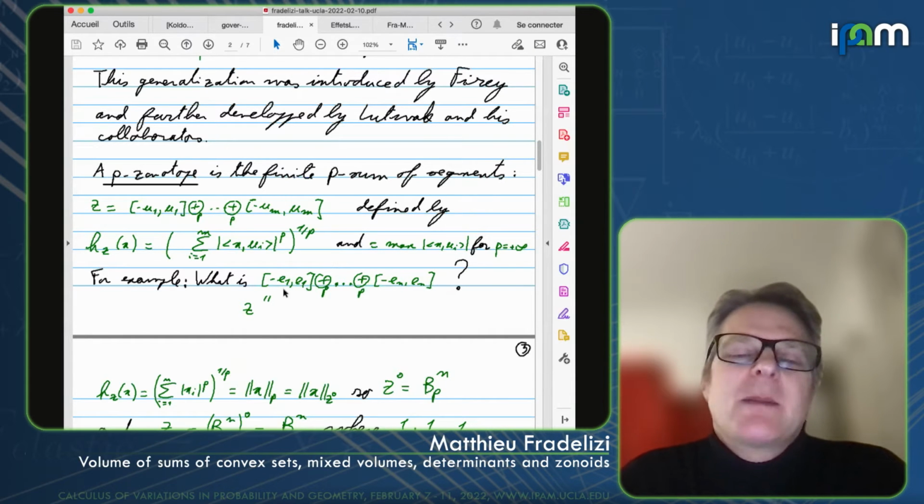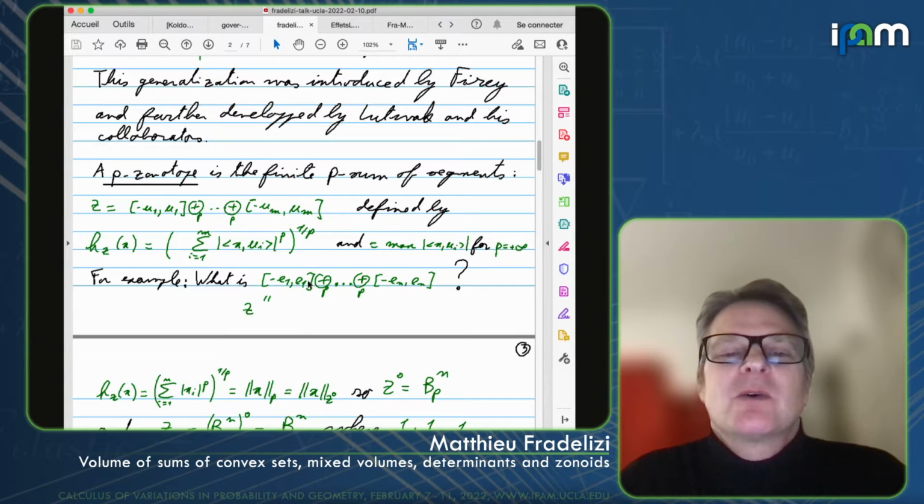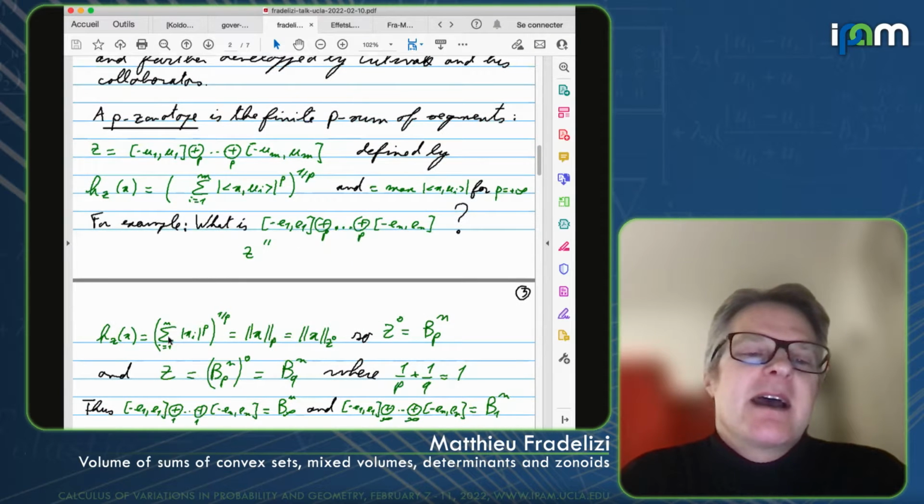So what happens if you start with the canonical basis, the segments minus e_1, e_1, and all segments of the canonical basis, and you p-sum them? What do you get? You just check: h_Z is the sum of the absolute values of x_i to the p, to the power 1 over p.